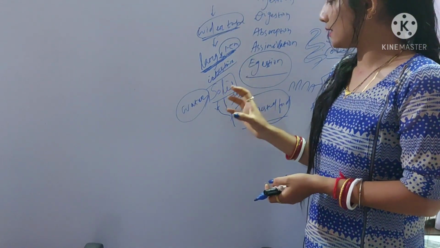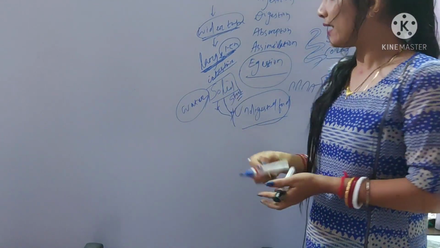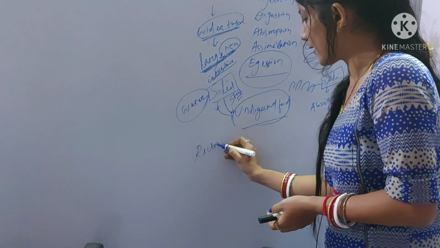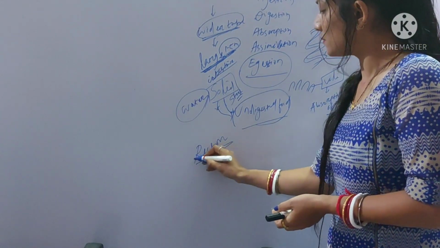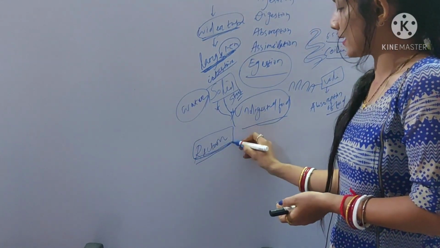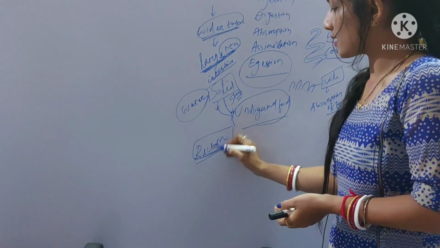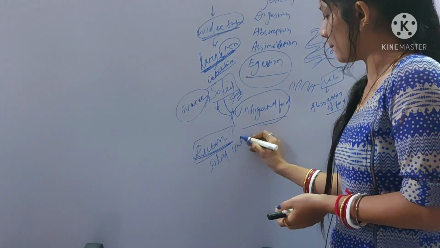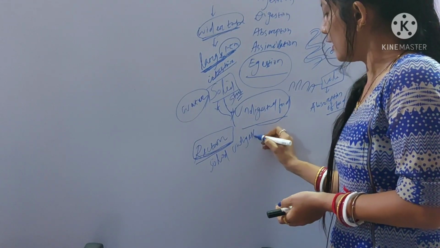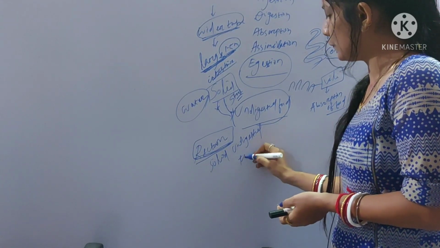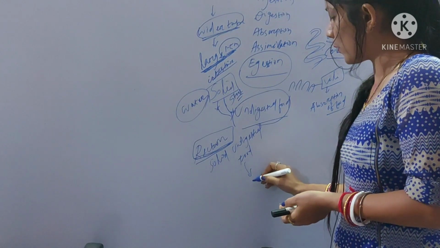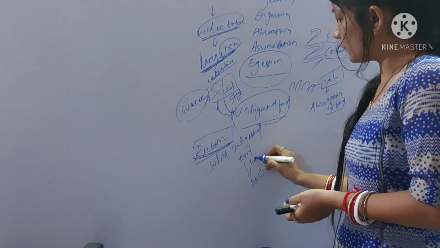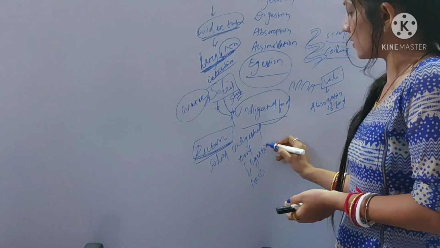The solid undigested food is stored in the last part of the large intestine, which we call the rectum. So the last part of the large intestine is the rectum, and the solid undigested food is stored in the rectum. And lastly, the solid undigested food is removed from the body with the help of the anus by the process of egestion.